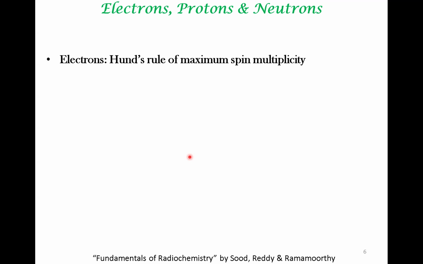When you looked at the Aufbau building up principle in high school, you would have used Hund's rule for maximum spin multiplicity. This can be derived from quantum mechanics, but you would have used this rule, for example, for the electronic configuration of nitrogen. How do you put the valence electrons in the p orbitals?